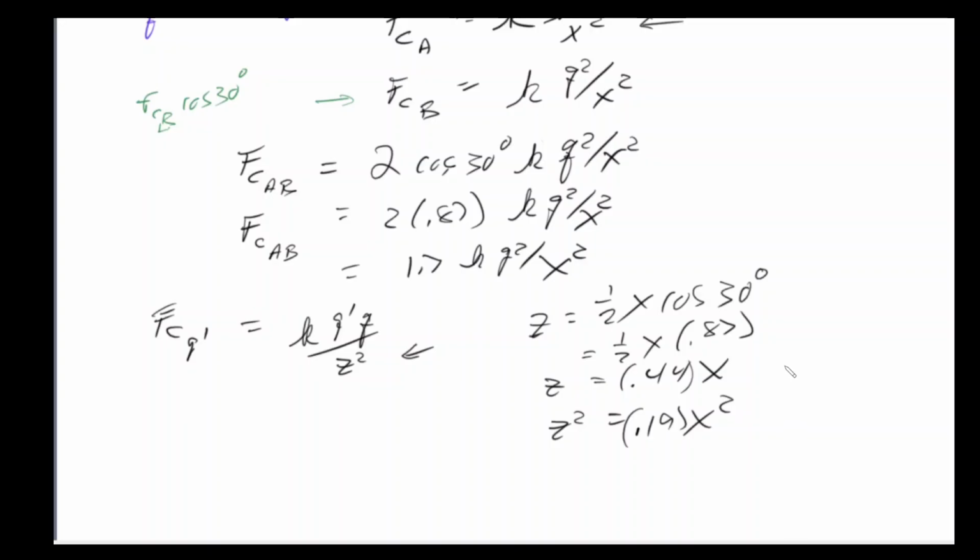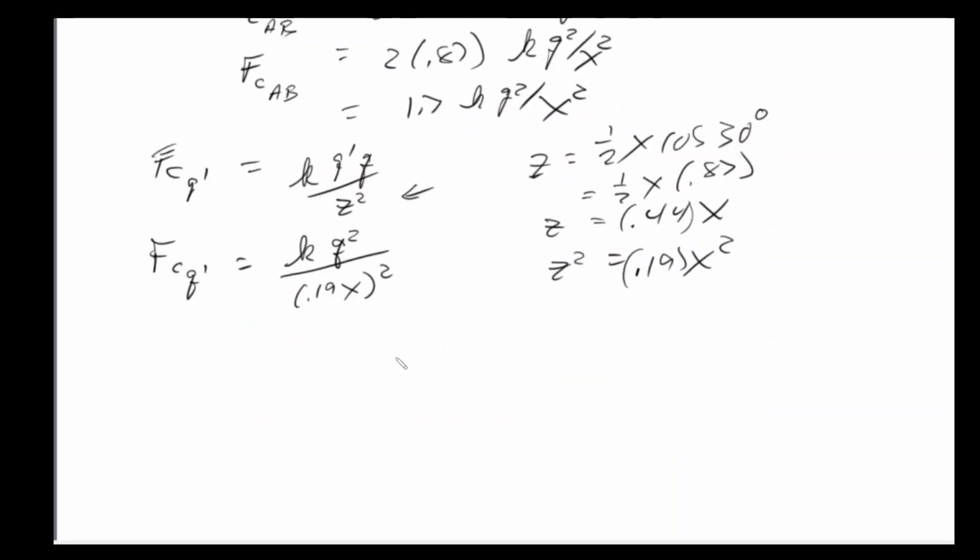So we can substitute that in, and we get the force on C from Q prime is equal to K. And since Q prime and Q are of equal magnitudes, we can call that Q squared over 0.19 X squared, which would be that Z squared, which is equal to 5.3 K Q squared over X squared.